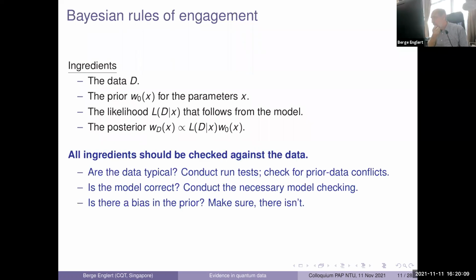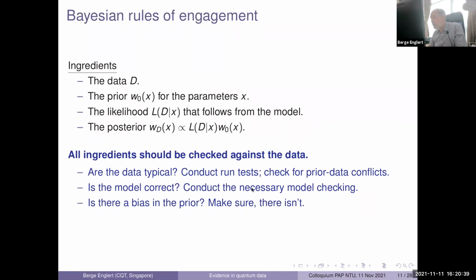And then what is very important is that you must have ways of checking all the ingredients against the data. So we have to ask, are the data typical? For that, we have so-called run tests and checks for prior-data conflicts. And the question is, is the model correct? I mean, the way we calculate probabilities for the given situation, are we doing the right thing?